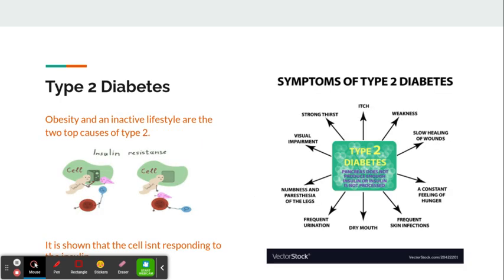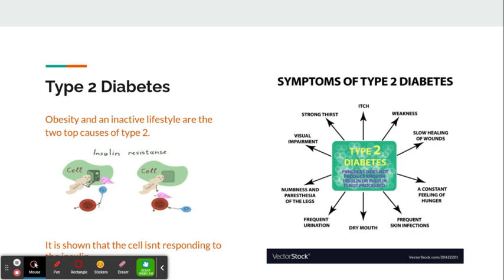Type 2 diabetes. This is caused by obesity and an inactive lifestyle. Well, those are the top two causes. It is shown in this picture that the cell isn't responding to the insulin, which is called insulin resistance.